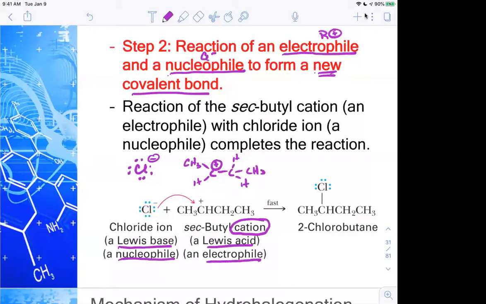It's an electrophile. So this is electron rich and this is electron poor. My arrow is going to originate from the electron rich species. Basically, I'm going to have an attack on that carbocation by the chlorine, which forms this new bond. So now I have the final product. The reaction of that carbocation with that chloride ion completes the reaction.